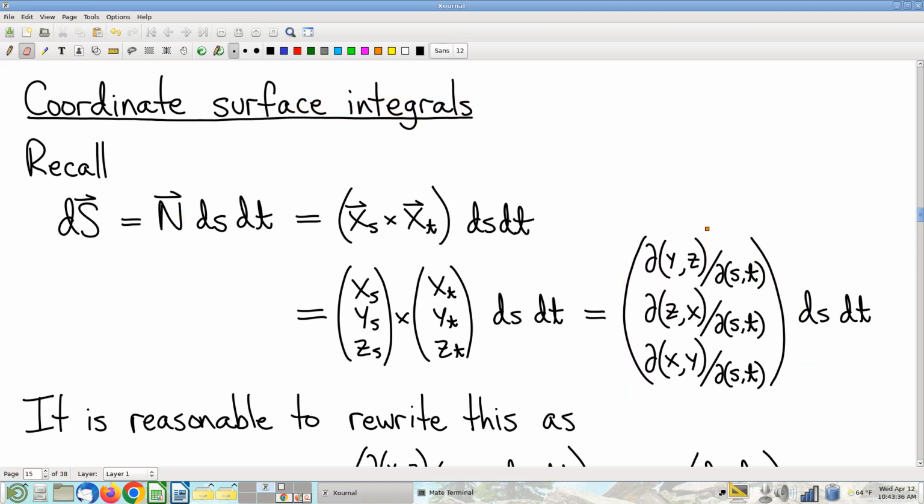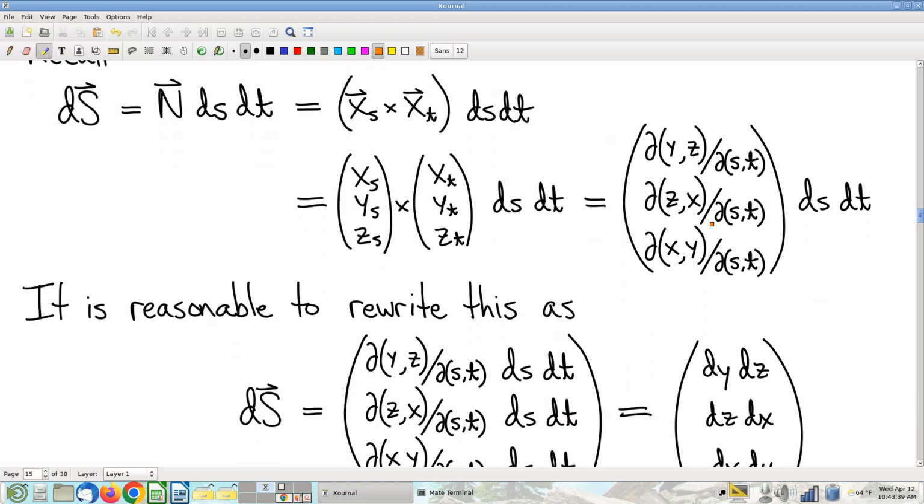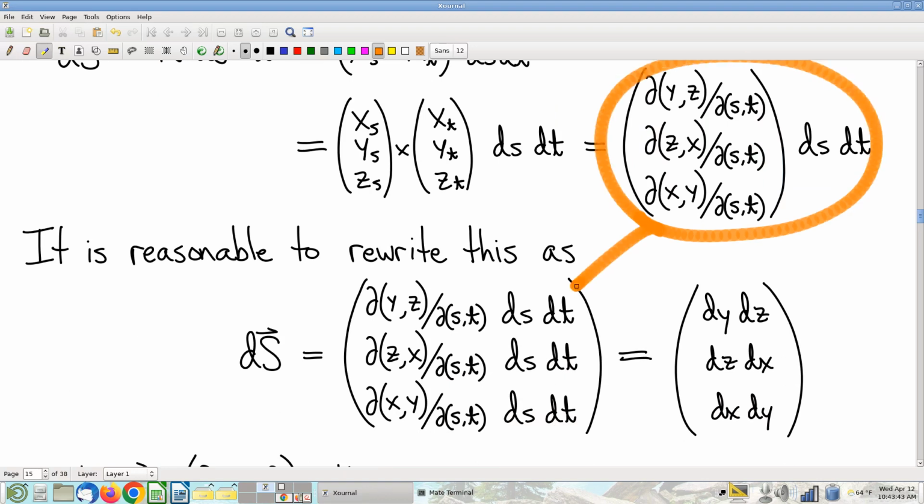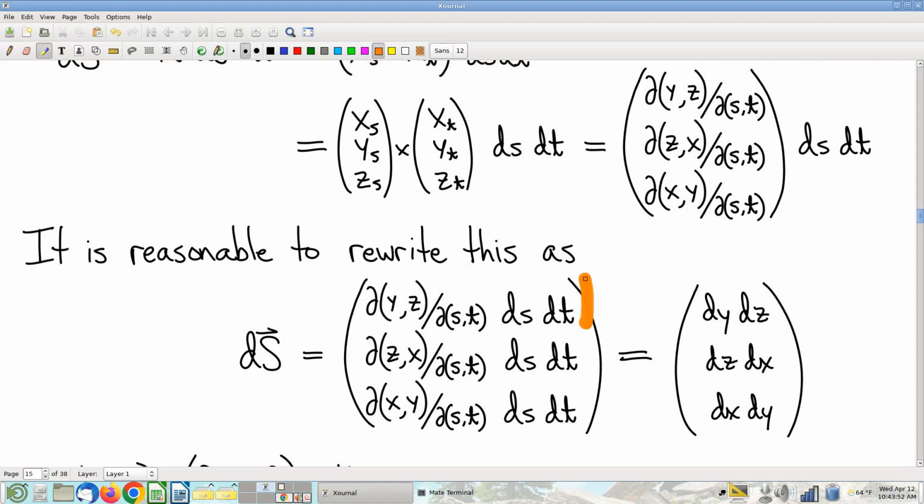But we can just proceed, and I can multiply out the scalar into the coordinates, right? Just distribute that dS dt scalar. And now let's look at this and ask the question, what do you think we ought to call that thing? We've seen exactly this expression in the past, when we were doing two-dimensional change of variables.